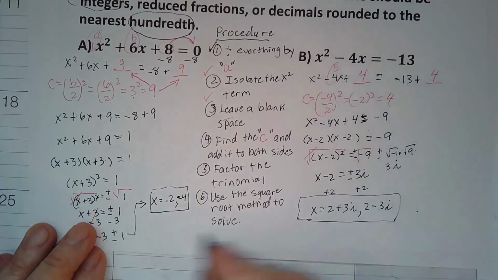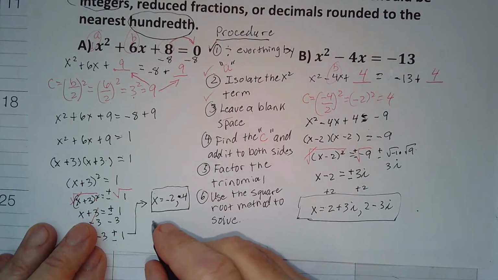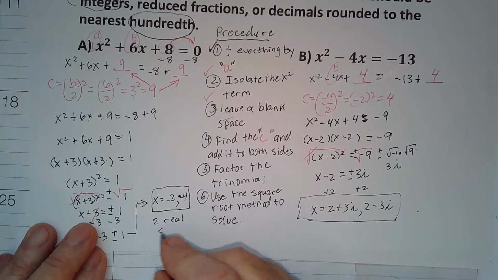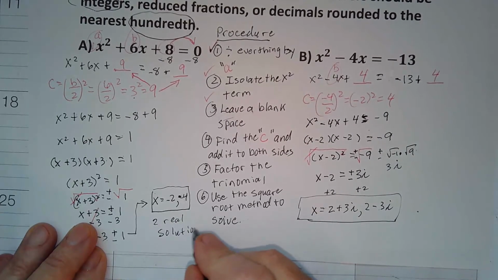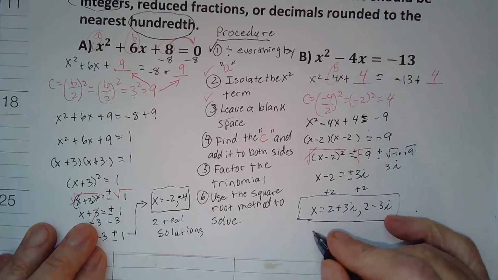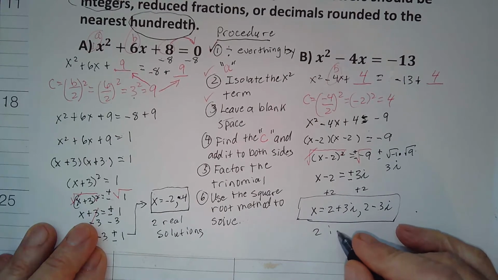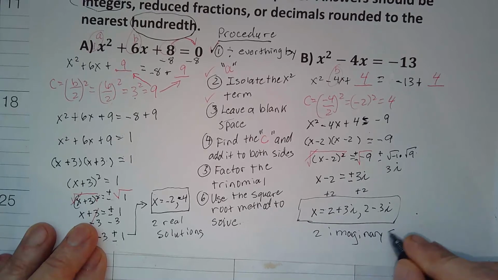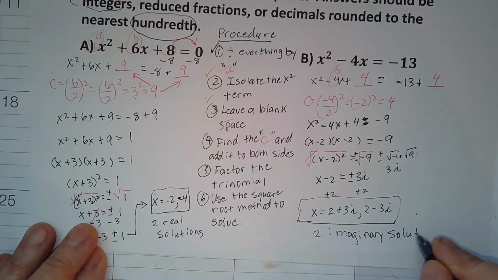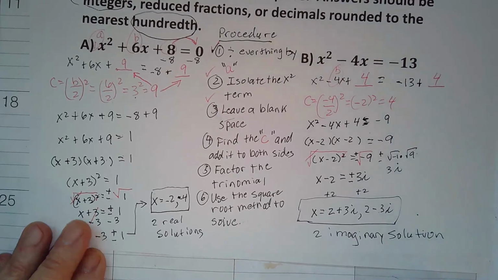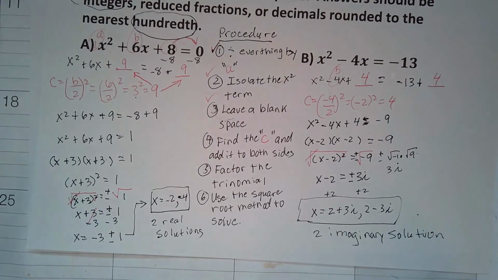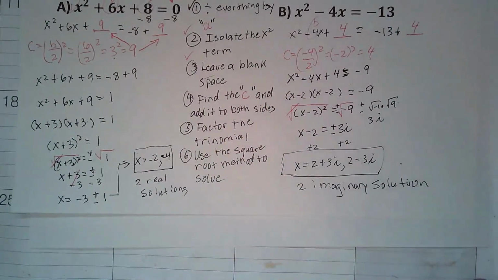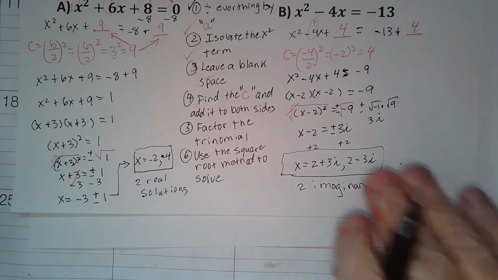Two imaginary solutions, over here two real solutions, and two imaginary solutions. So you see we're putting this all together. That's what we're doing. We're just taking what we've been learning in this particular unit and putting it all together at this particular time. Okay? Make sure everybody got that and could see it all. Okay.